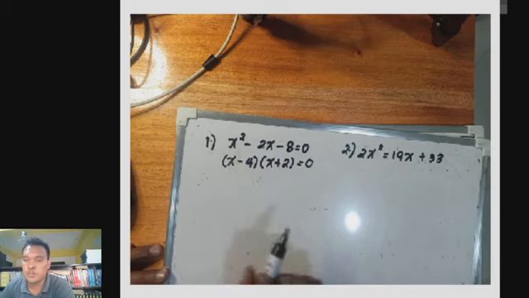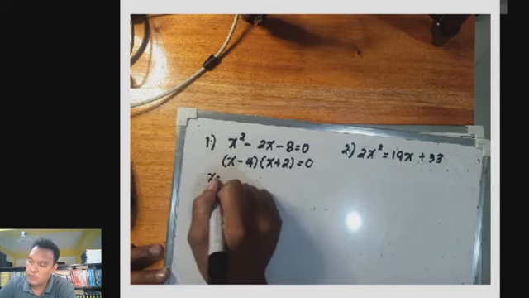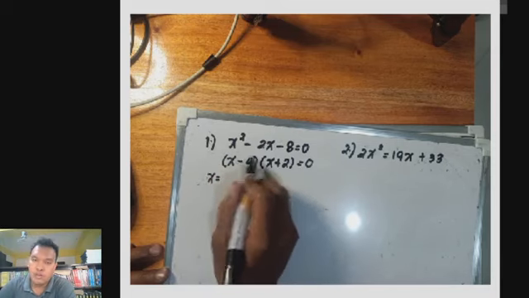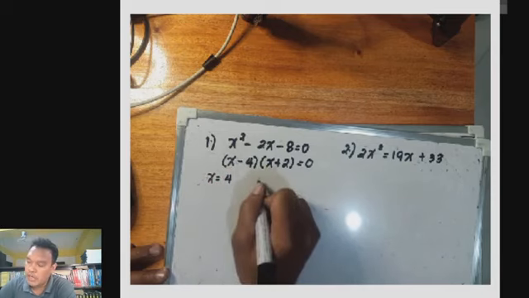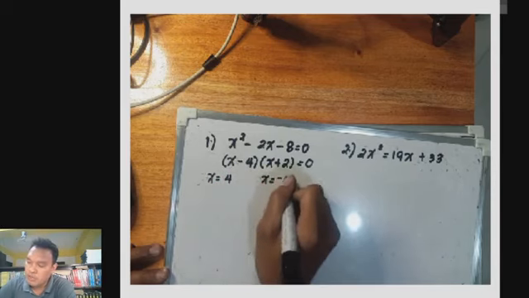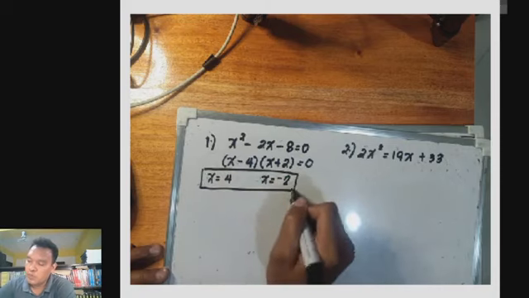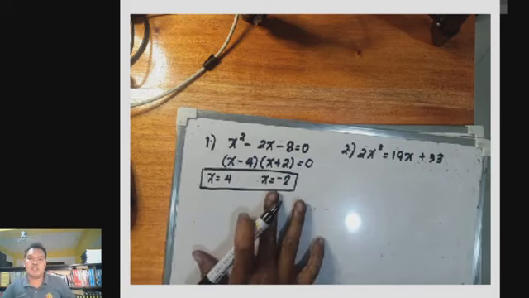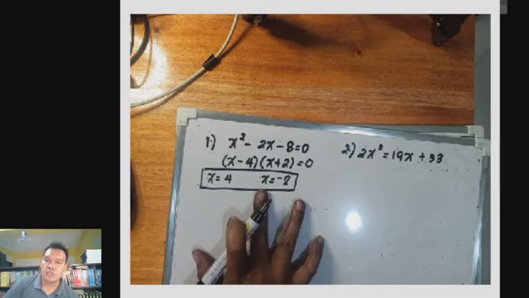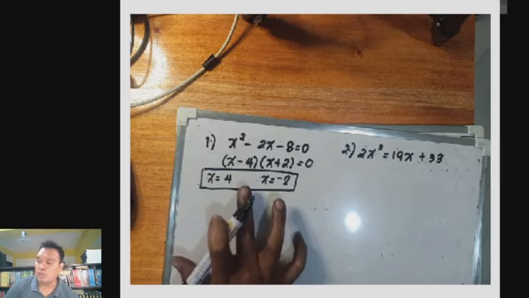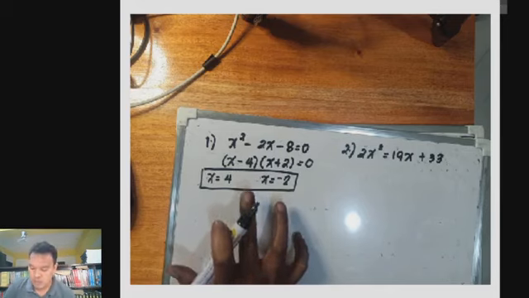Then ito, x squared. So, therefore, we have x is equivalent to, ilalabas ko yung 4 dito sa kabila, equal to 4, and x is equivalent to negative 2. So therefore, this will be the roots or the values of x using factoring on x squared minus 2x minus 8 is equal to 0.